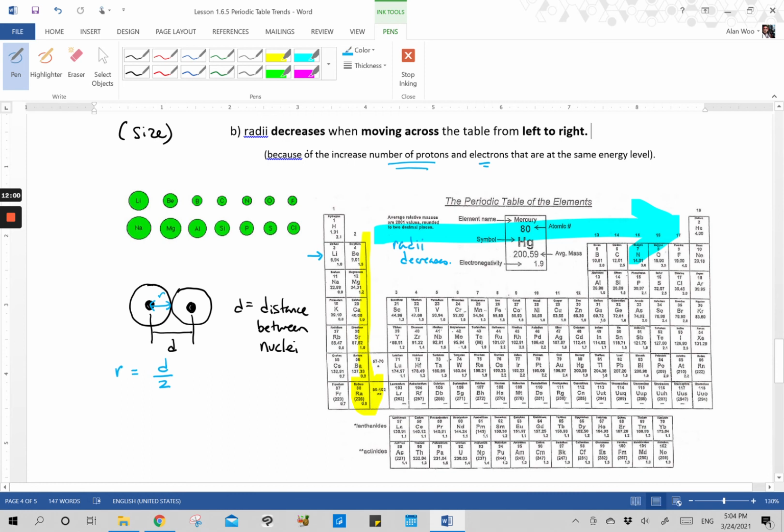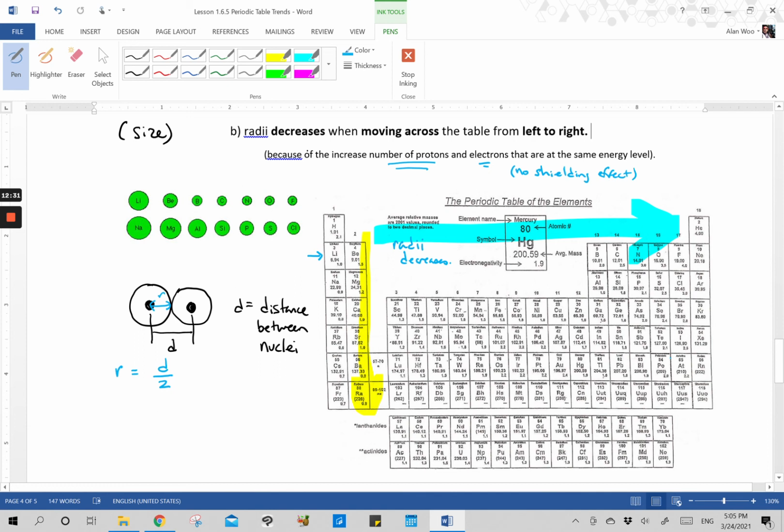Okay? So really what's happening is when you increase the number of protons, okay, the positive effect of all those protons inside the nucleus pulls on the electrons. Okay? Those electrons basically come closer to the nucleus. There's no shielding effect here. Okay?